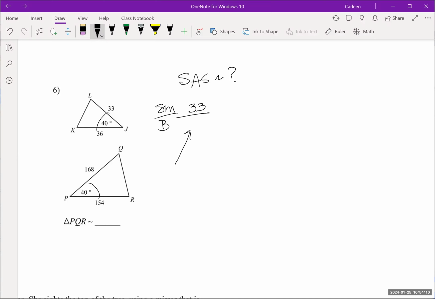So this is the big brother of the triangle. This is the middle brother. This would be the baby brother. Okay, so if 33 is the middle brother of that family, do we see that we need to go to the middle brother?